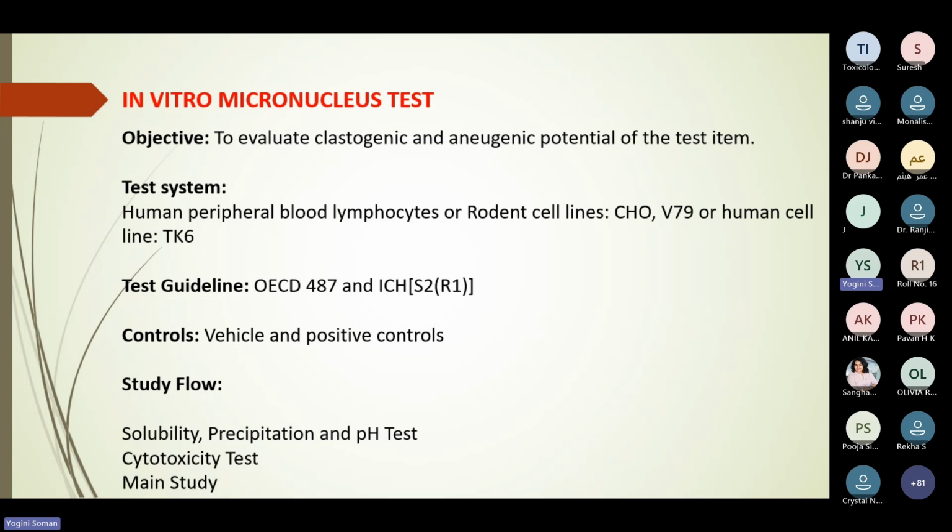Test systems preferred are human peripheral blood lymphocytes, or you can use rodent cell lines like CHO or V79, or a human cell line like TK6, a human lymphoblastoid cell line. Test guidelines are OECD 487 and ICH S2R1. For this assay, you should include concurrent vehicle control and positive controls. Positive controls should be known clastogens or aneugens.